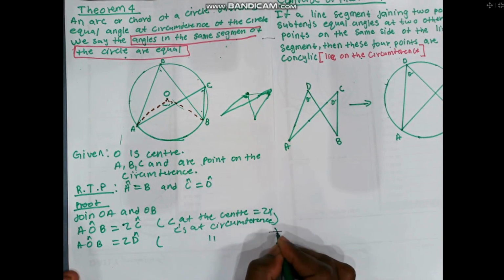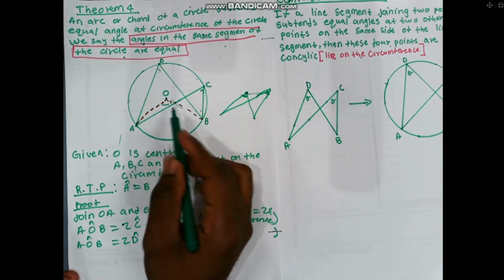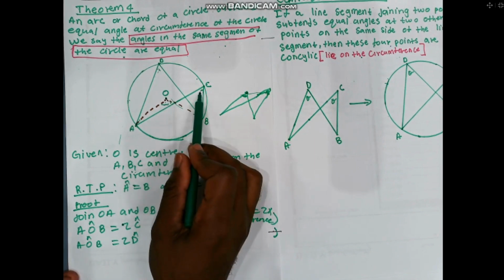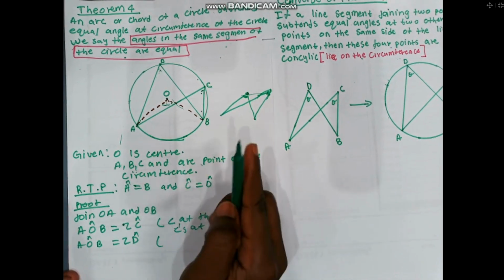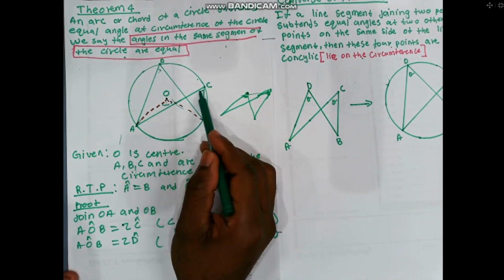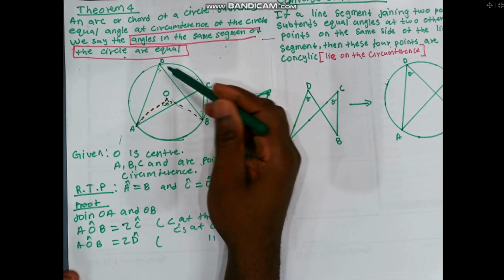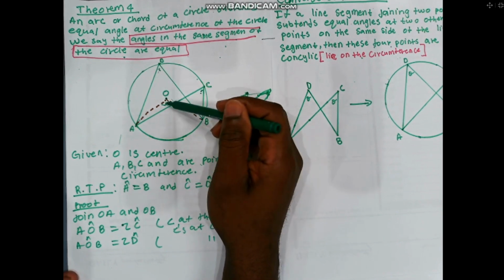Please guys, write the reason, don't do it like this. Still the same reason from here to here: the angle at the center is twice the angle at the circumference. From here, this one is two times this angle. Also this same angle, this one is two times this angle.